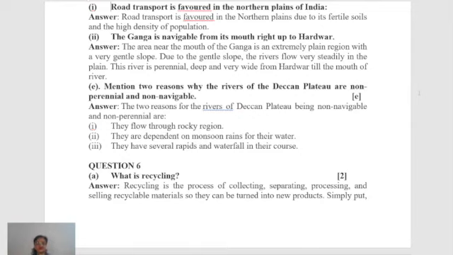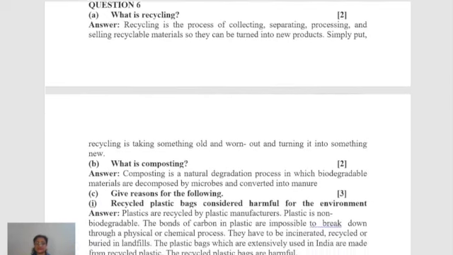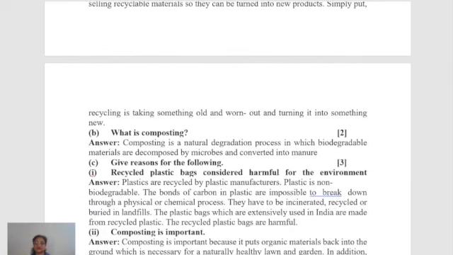Come to the next question now. Question number 6. What is recycling? Now, basically, recycling is the process of collecting, separating, processing, and selling the recyclable materials so that they can be turned into new products. So, what is actually the result of recycling? We get, suppose we are using any old things to be converted into new.